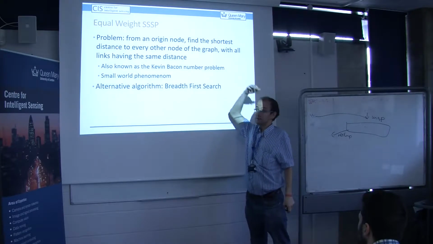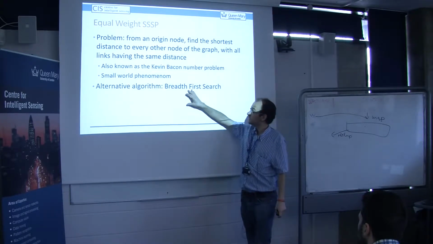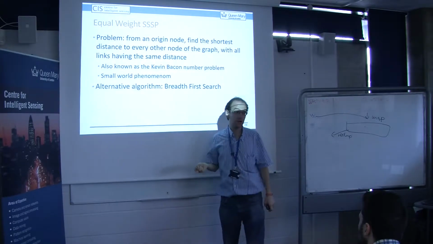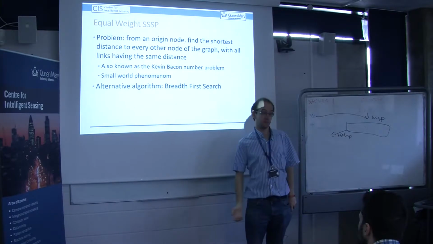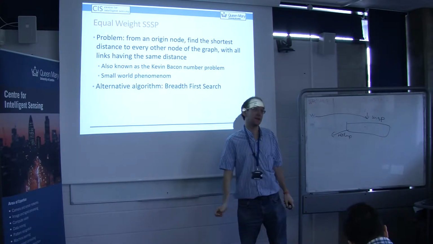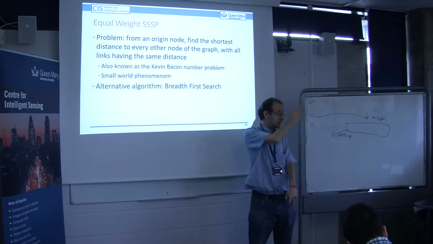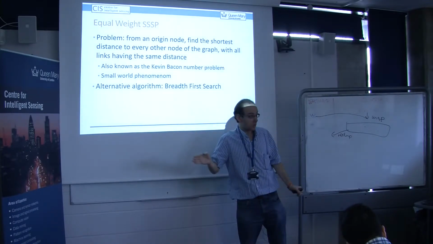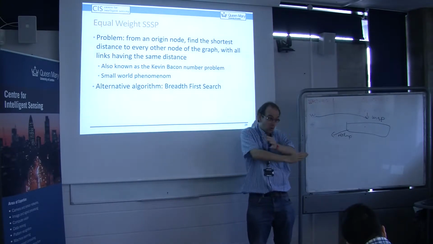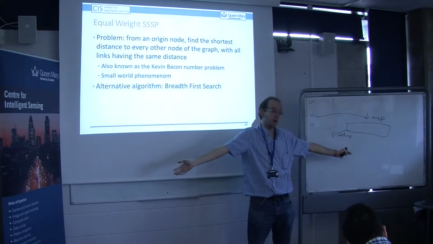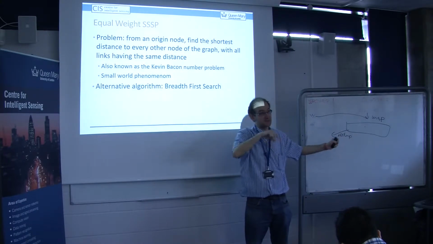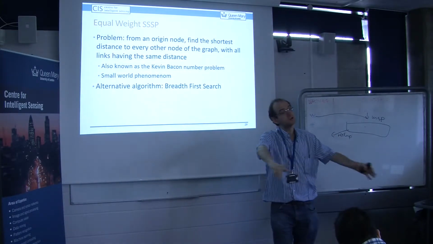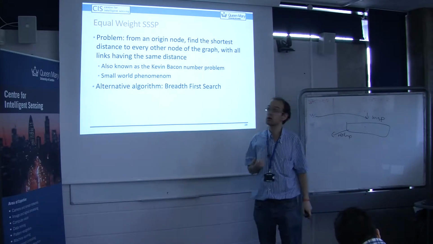We could solve this with Dijkstra. We can also solve it with one very simple algorithm, which is BFS, or breadth first search, which is basically an algorithm that tells us that we are going to explore brutally all the outgoing connections of my initial node, and then all the outgoing connections of each one of those elements.